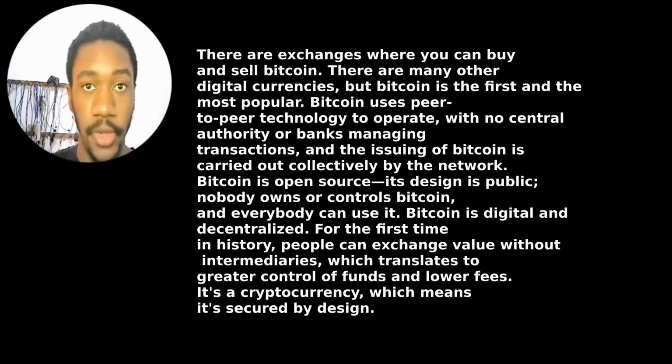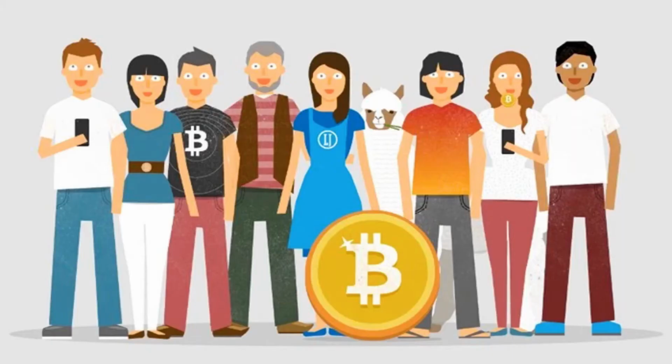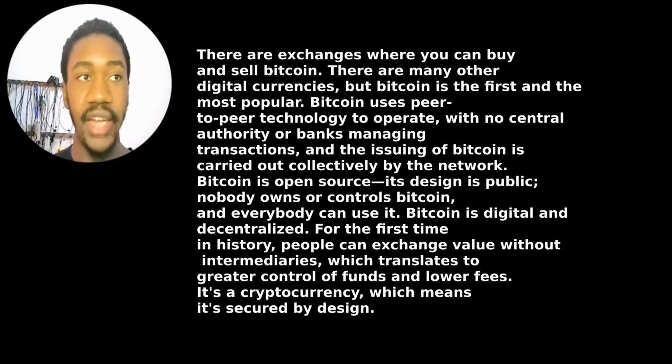Bitcoin uses peer-to-peer technology to operate, with no central authority or banks managing transactions. It's not a system where a bank manages all the transactions. It's very decentralized, and the issuing of Bitcoin is carried out collectively by the network. Bitcoin is open source. That means that everybody can contribute to the development of the network.